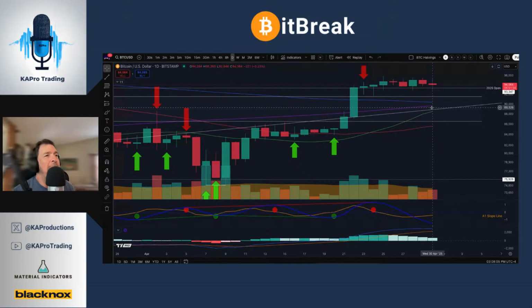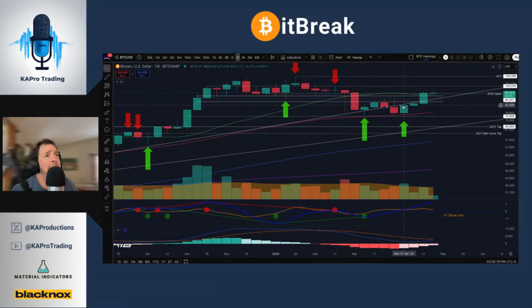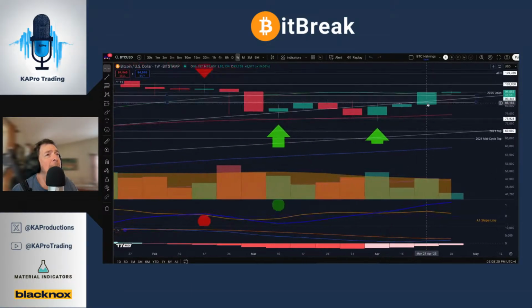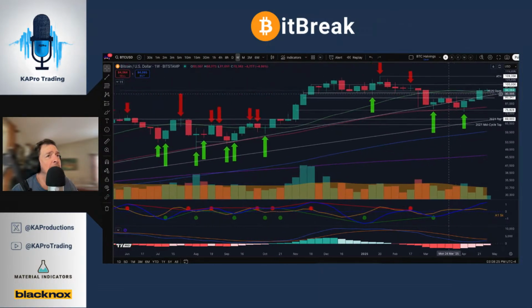I like them on the weekly time frames. I like them across all time frames, but especially on daily and weekly, and weekly, at a macro level, is more important to me. As you can see, we're holding above the 21 week at the moment, and that's an important distinction in my opinion.